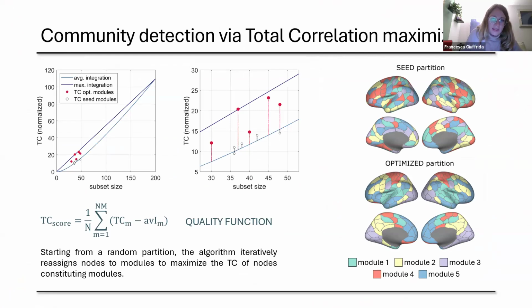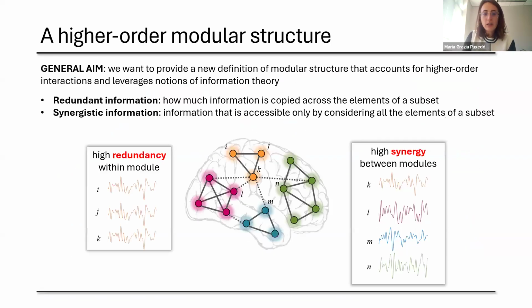So do you expect from the beginning, from a prior point of view, to maximize redundancy within modules and at the same time to maximize the synergy between the modules? I don't know if the question is clear. Yes, so ideally what I want is a partition where I have high redundancy within modules and high synergy between modules.